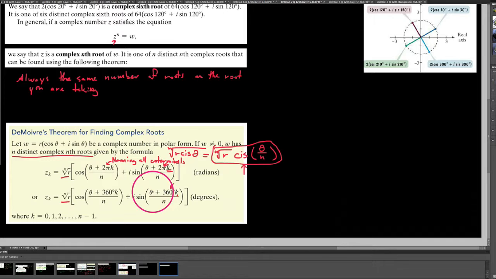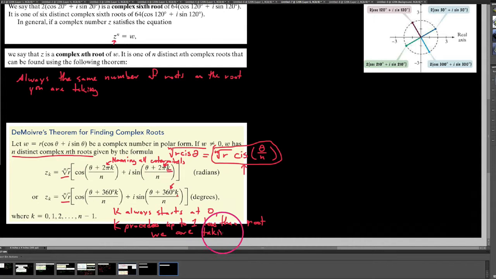So one thing we want to make sure we mention down here is that k always starts at 0, okay? And k proceeds up to 1 less than the root we are taking.